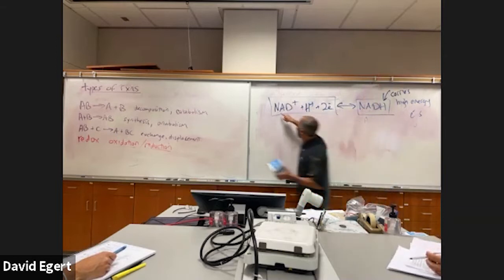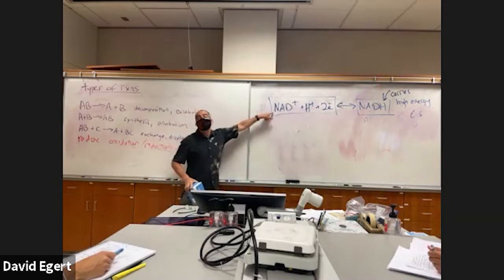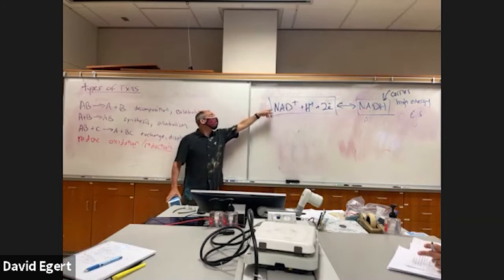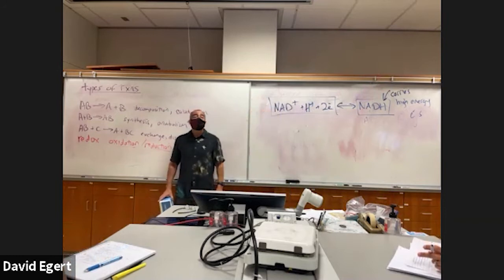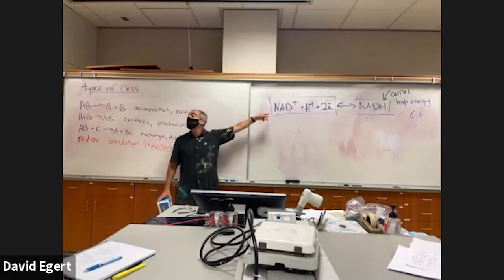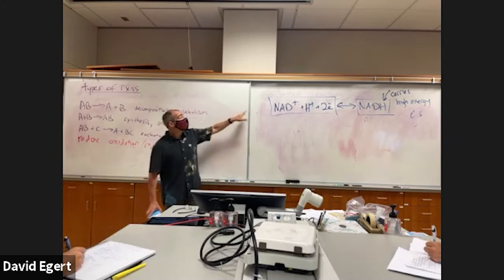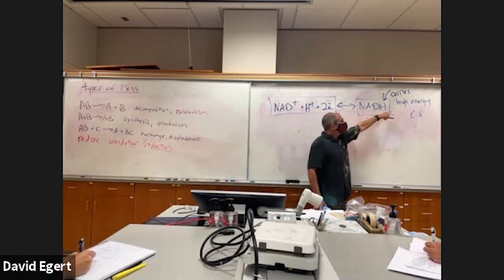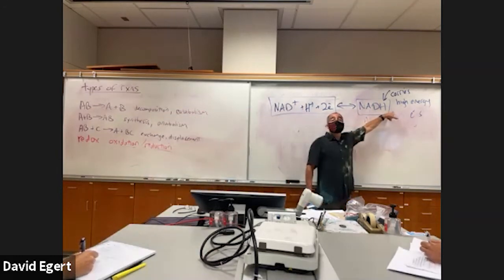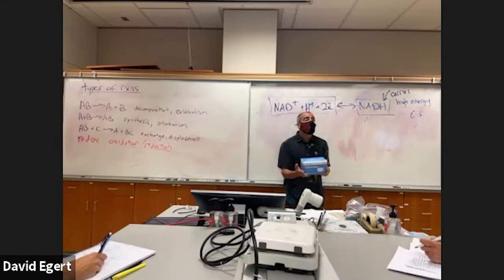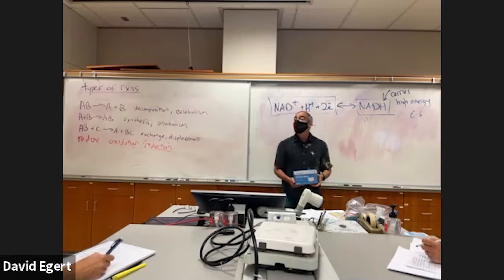NAD is just one of the vitamin-derived carriers. Niacin is a precursor to making NAD. We're going to talk about it in more detail when we get into cellular respiration. But the idea is that you can have high energy electrons, which you can then hand off to other molecules that hold them in a lower energy configuration.